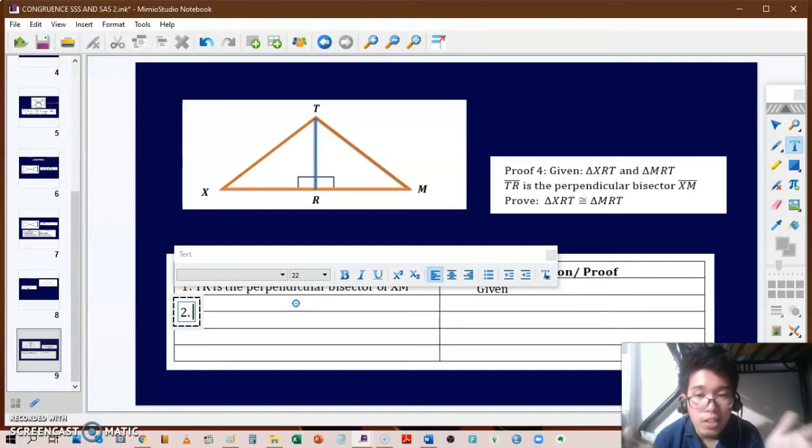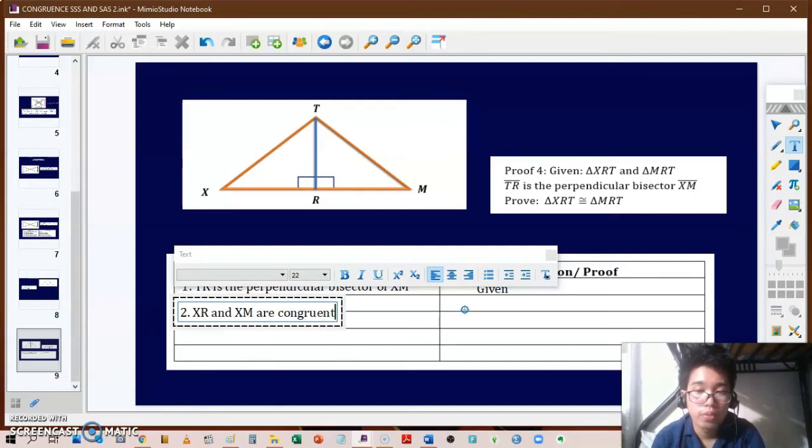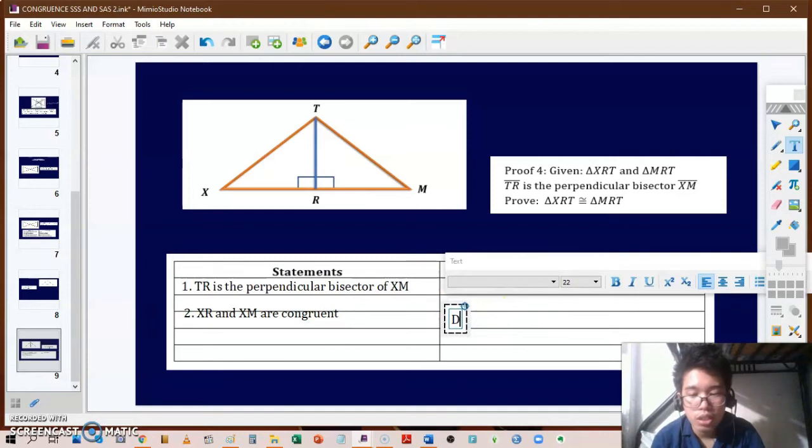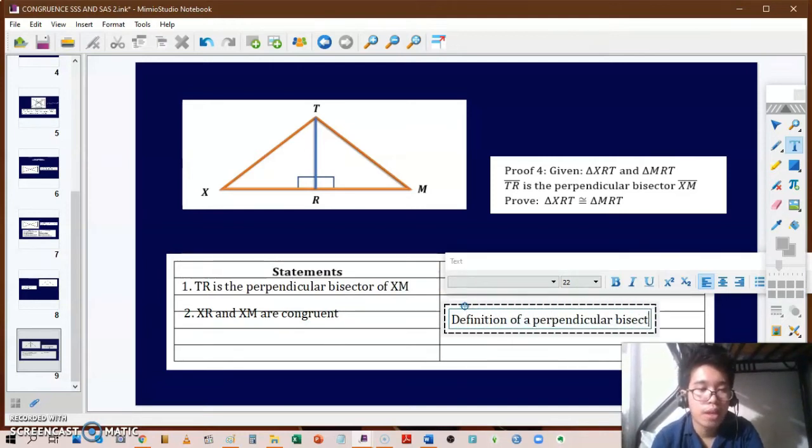If we have XM, it's going to cut XM in half, and we have here the point R as the midpoint. Therefore we have the two congruent segments XR and RM are congruent. How did we say that? Because that's the definition of a perpendicular bisector.